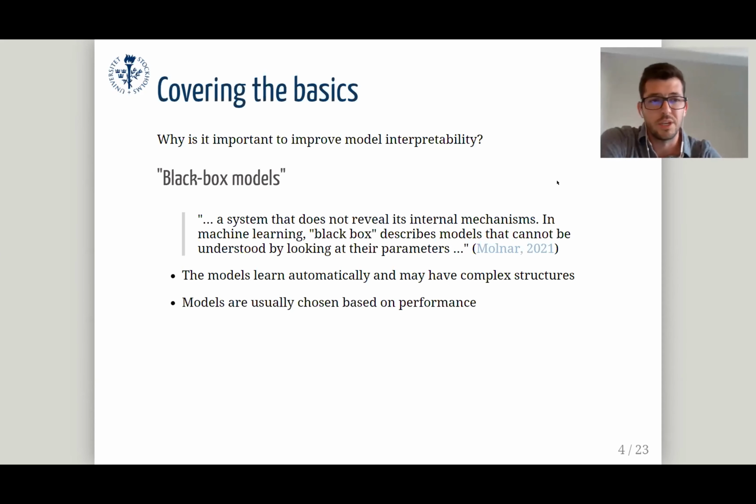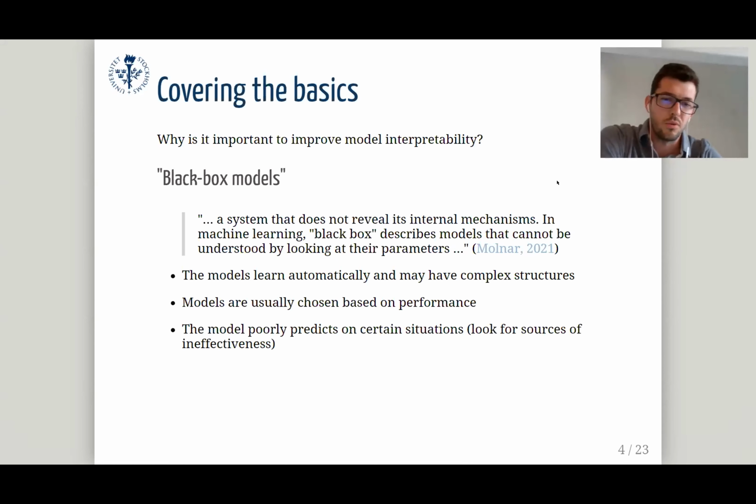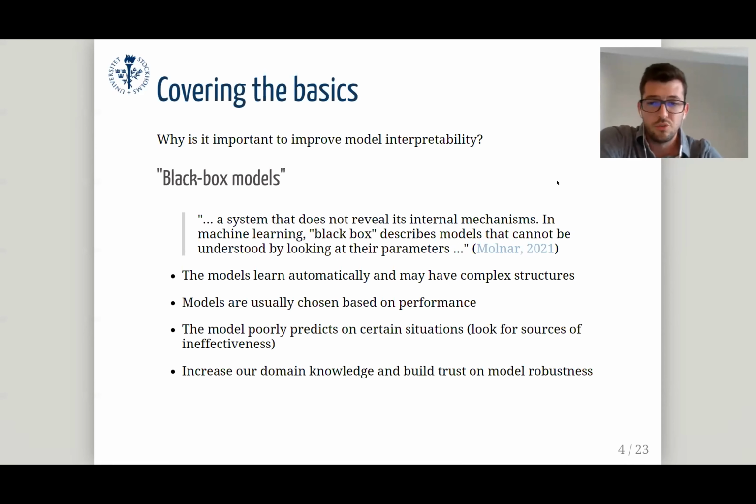They are usually chosen based on performance, and the model may poorly predict some certain situations. So if we can look at what's going on, we can maybe find sources of ineffectiveness and improve our model. It can also be used to increase our domain knowledge and build trust in model robustness, as has been discussed in the previous presentation.